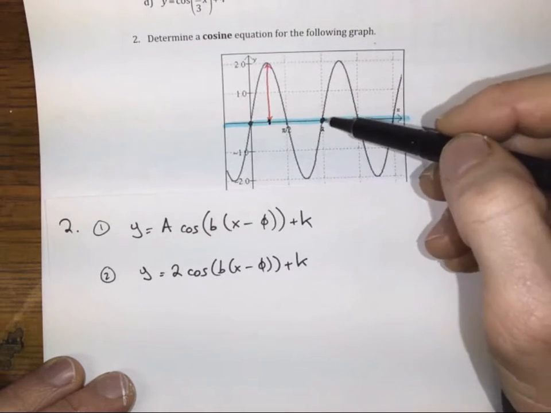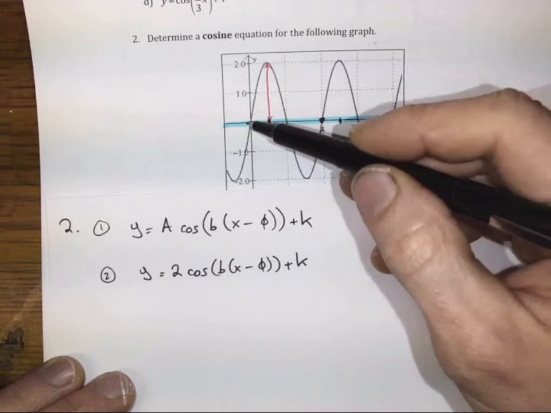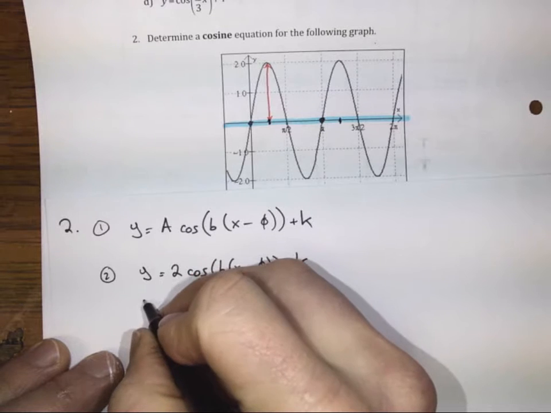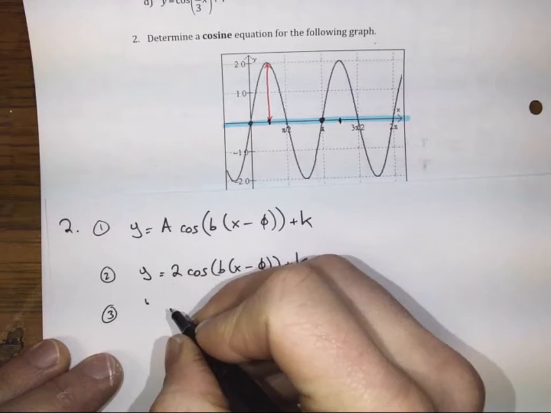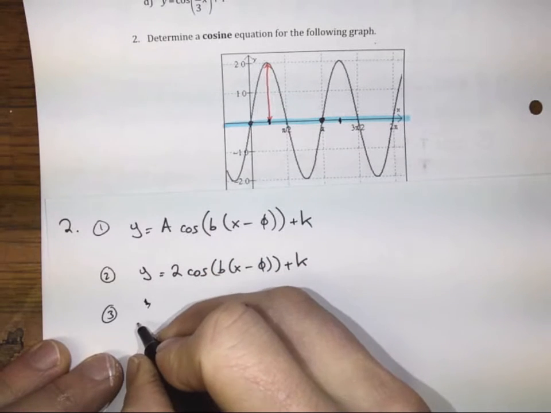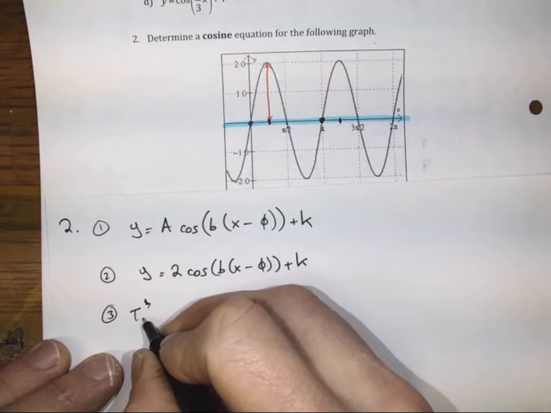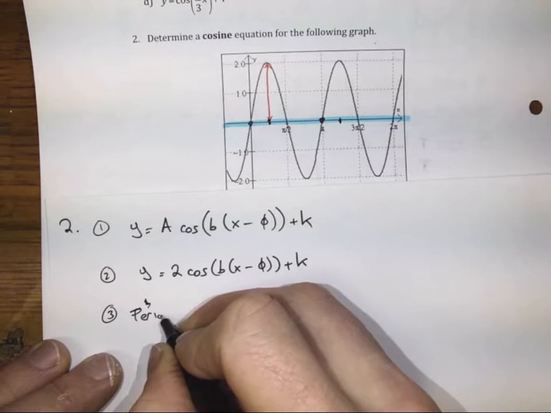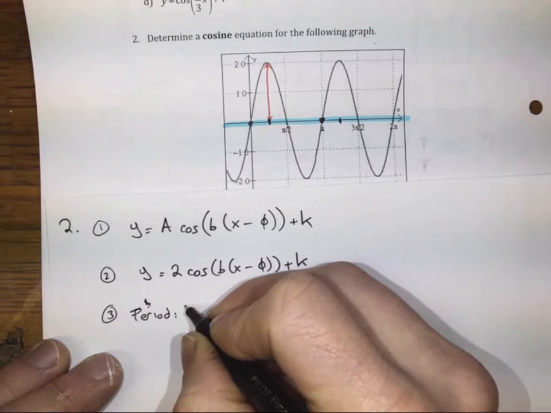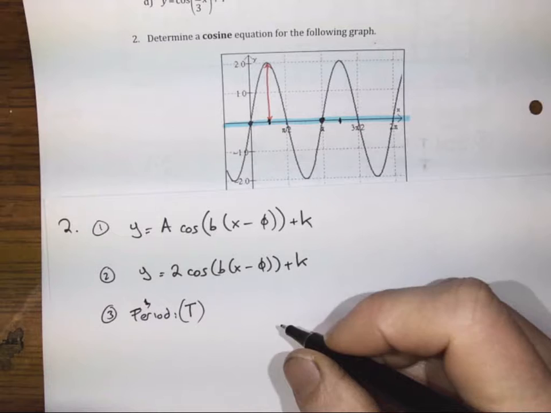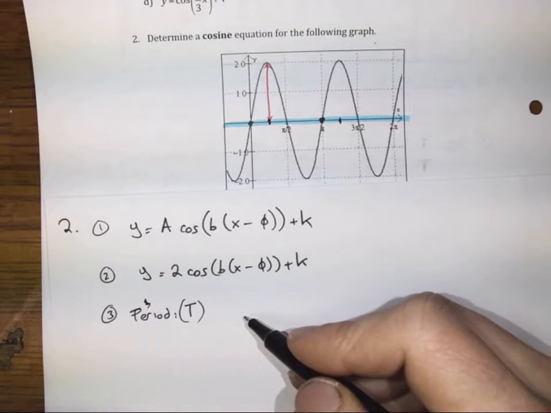So it starts repeating after exactly pi units of distance. So for the period, that's pi, or no, T. Okay, so we'll do it two ways.